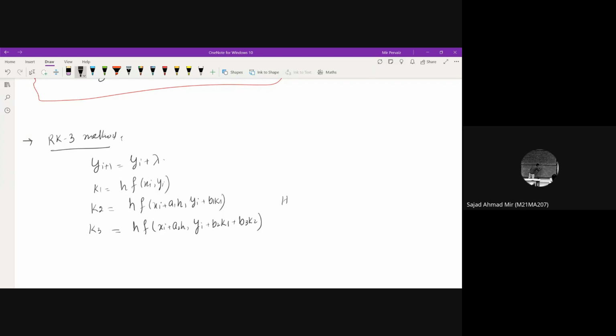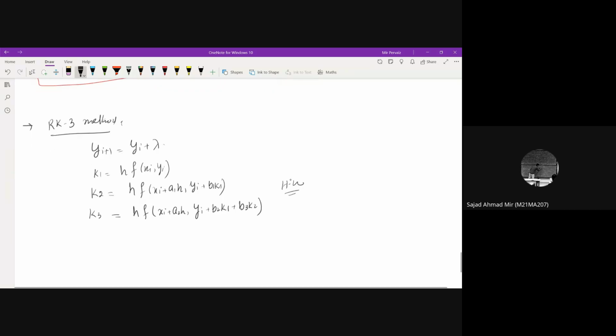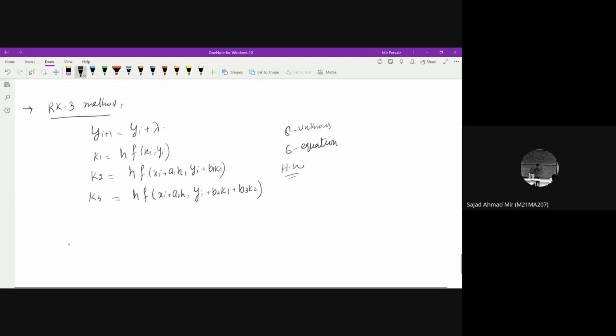Now how can you tune these parameters? You will have 8 unknowns and 6 equations, so you have to fix 2 variables. You will get a system of 6 equations. So you will have some free variables, and when you fix some of the variables, you will get different schemes. Let's say you go for a particular value of w1.